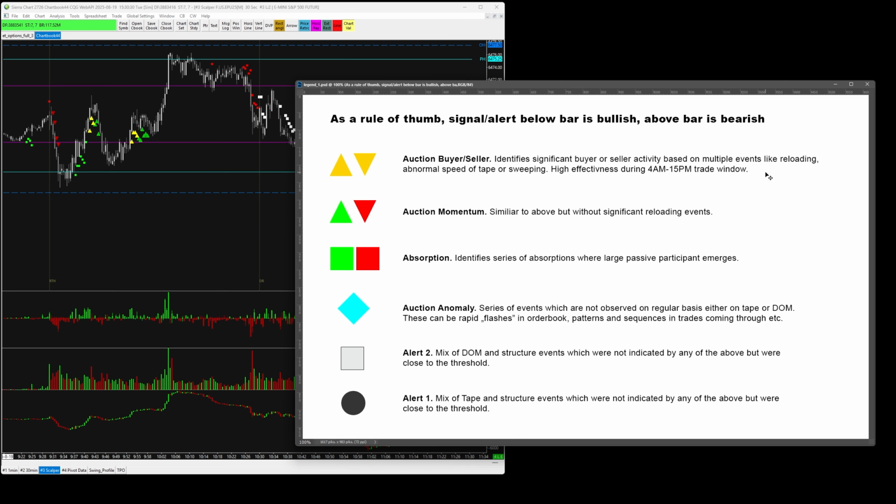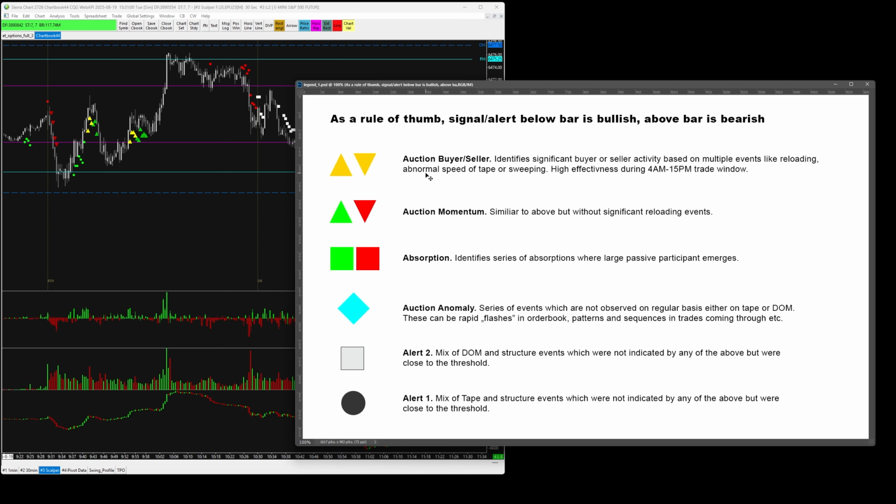Usually it's some kind of algorithm, either through iceberg orders or just pure reloading with more and more contracts, and it's just absorbing this market order action. Okay, also what happens there is suddenly the speed of tape is getting much faster, and all the action in this area is going crazy.